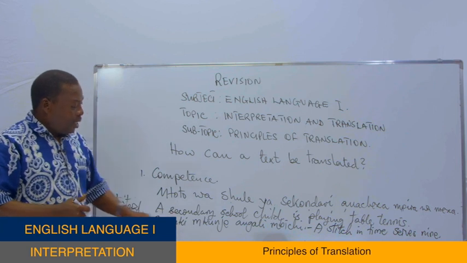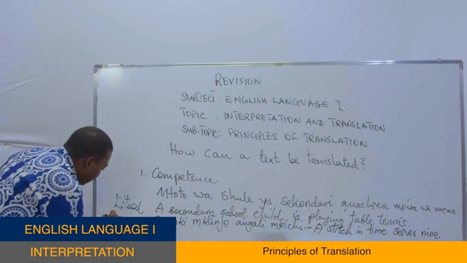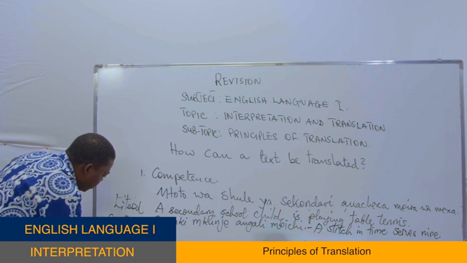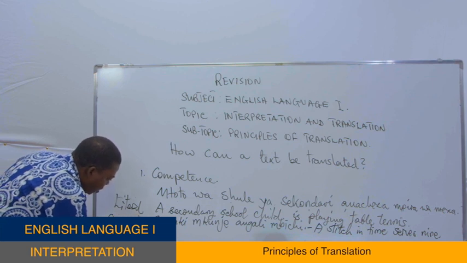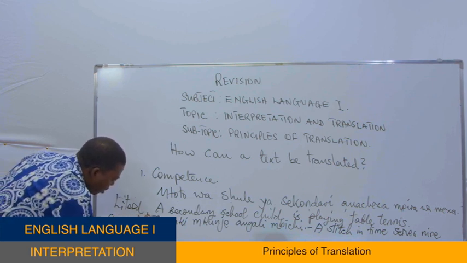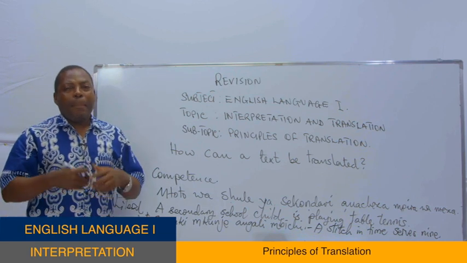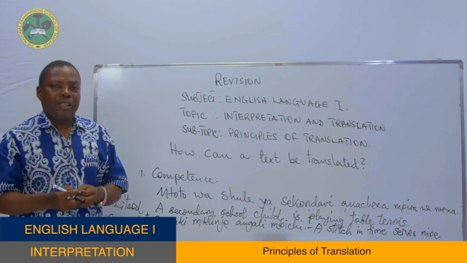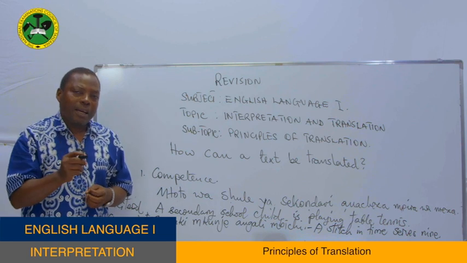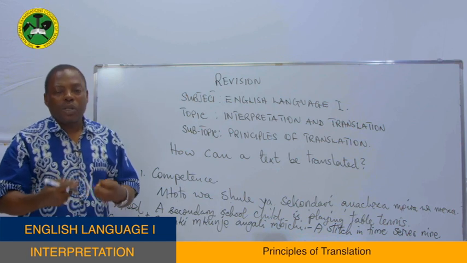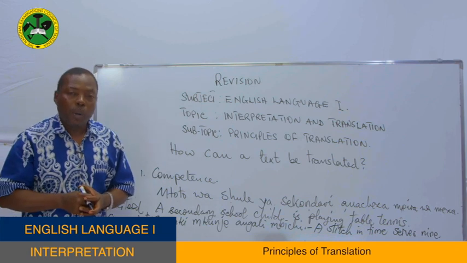And with this, we call it communicative translation, whereby a person has to communicate the intended meaning that the source text is trying to communicate.